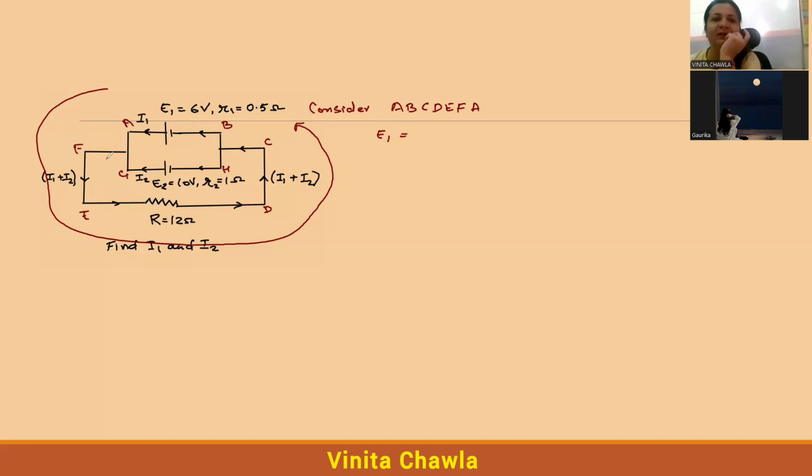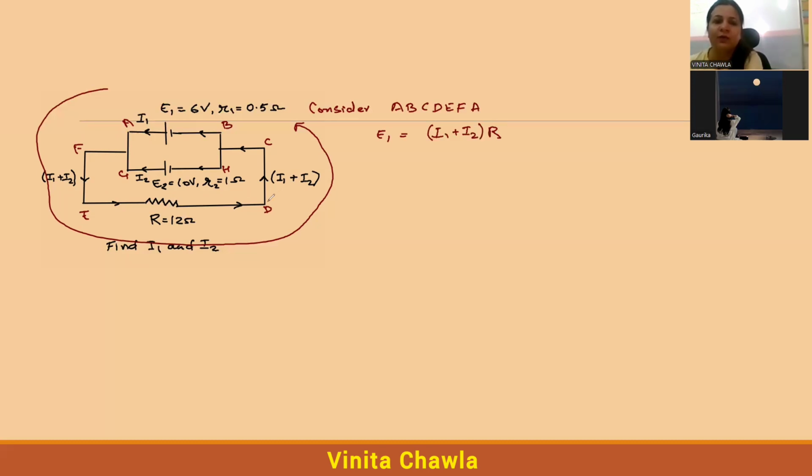So you can see the direction that we have considered here and the direction of current are the same. They are pointing in the same direction. Okay. So current through this is I1 plus I2 and resistor R is 12. So we'll write I1 plus I2 into R for this.